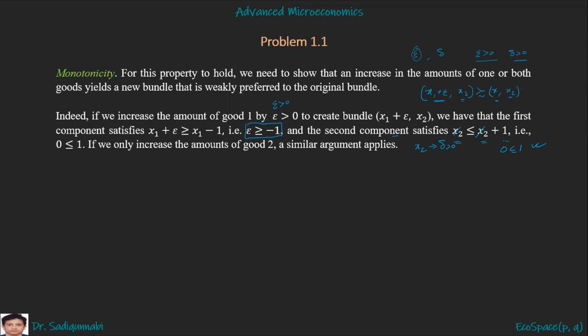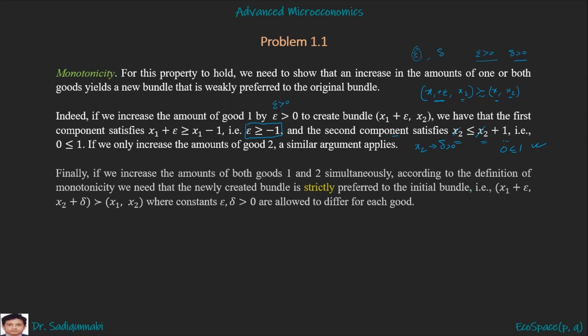Let's take an increment of both goods. Suppose our comparison bundle is X1 plus epsilon and X2 plus delta, and we see whether this is preferred to X1, X2. If this is true, then monotonicity is applied.